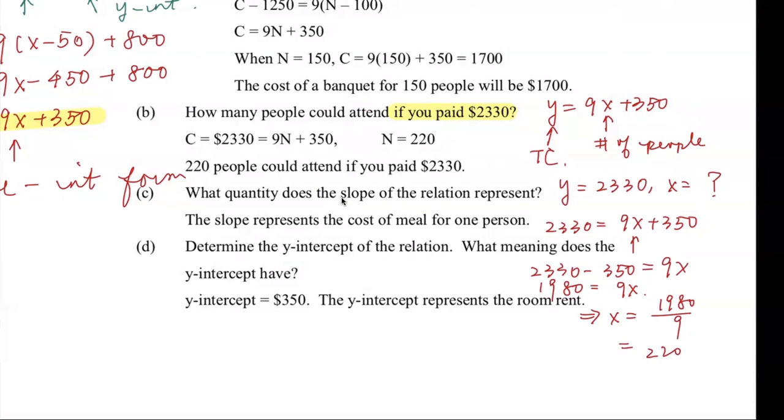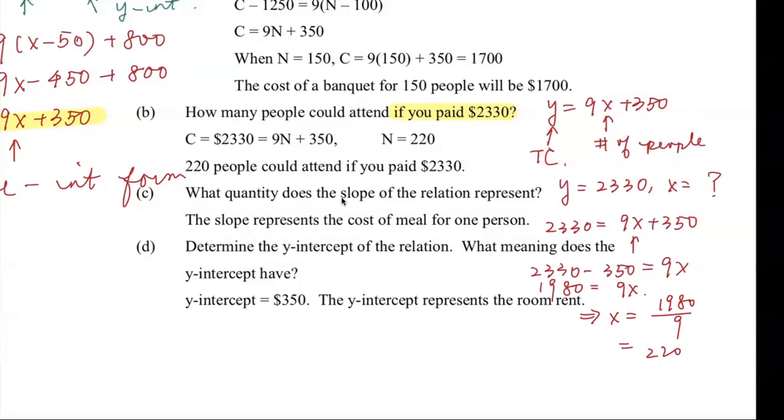Okay, I repeat this. It doesn't matter if it's upfront or eventually, it doesn't really matter. But if we pay $2,330 for this banquet, then we can invite 220 people to the banquet. That's what it means.